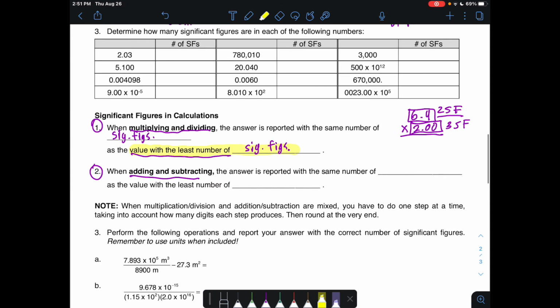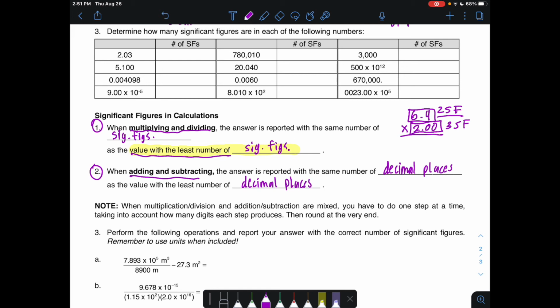And next, for adding and subtracting, the answer is reported with the same number of decimal places as the value with the least number of decimal places.